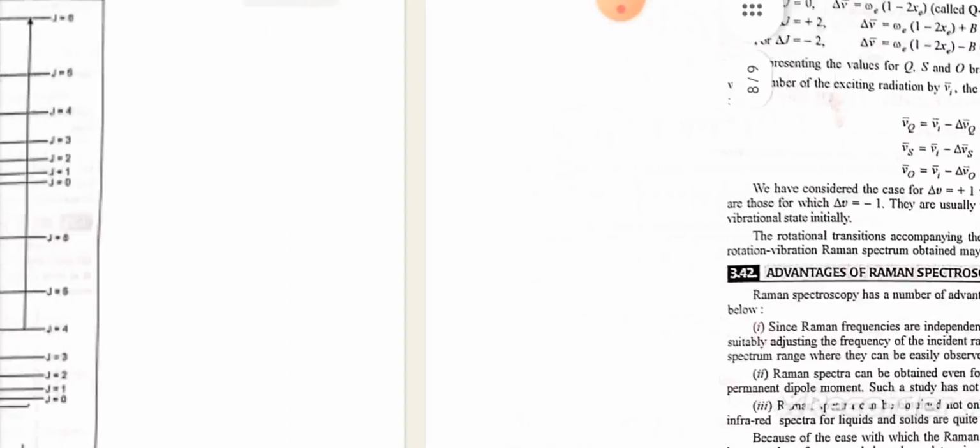Thus, they are usually weak because very few molecules are in the excited vibrational state initially. The rotational transitions accompanying the vibrational transition from v is equal to 0 to v is equal to 1, and the rotational and vibrational Raman spectrum obtained may be represented as shown in figure 3.32.